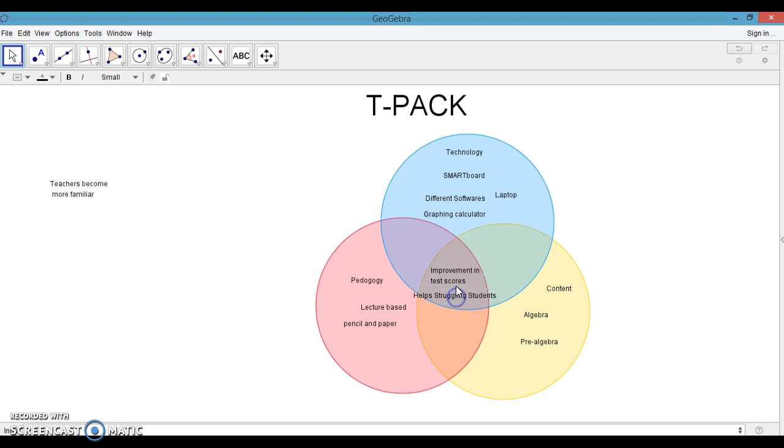They took these struggling students and they did these studies, and they gave them a test at the beginning of the study and at the end of the study, and there were improvements in the test scores. But also something else I found really interesting: teachers became more familiar. A lot of people just don't like change, and teachers included. So if they've been lecturing or just giving out problems their entire teaching career, they may be a little more hesitant to start with technology.